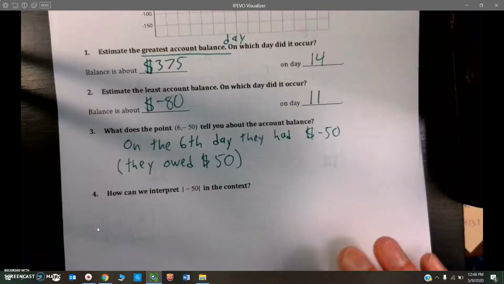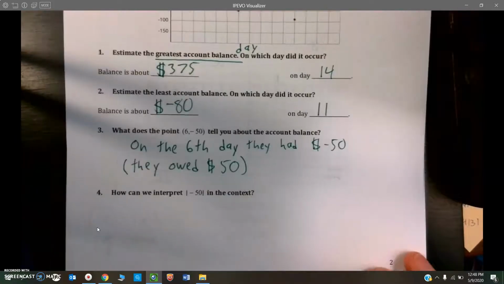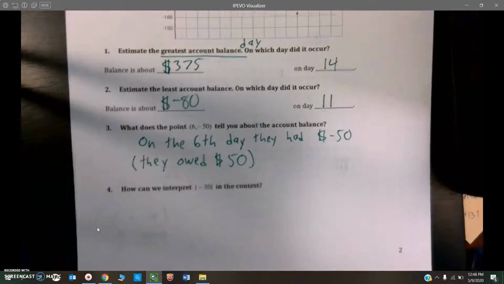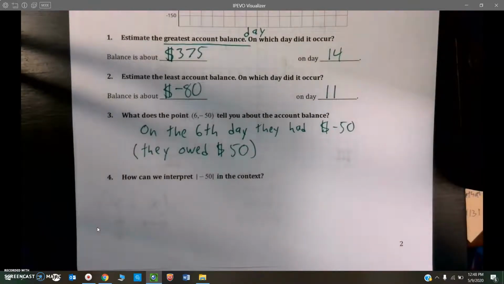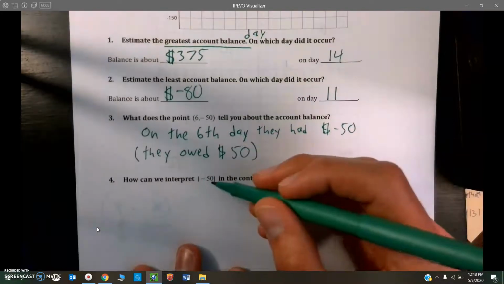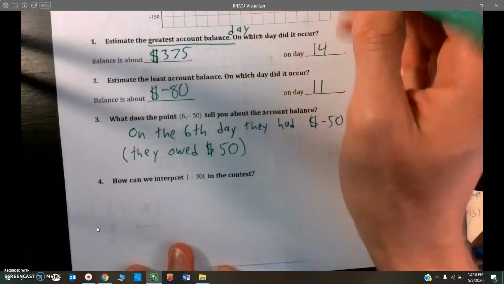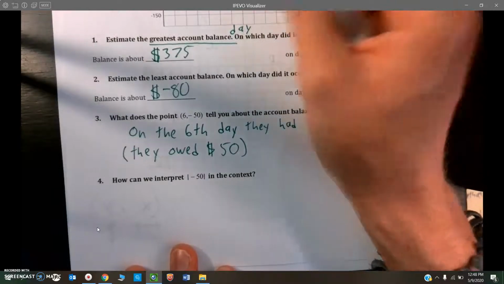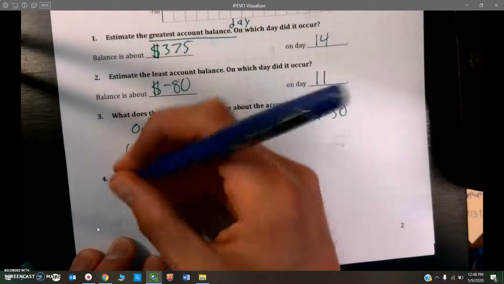All right. And how can we interpret the absolute value of -50 in the context? Once again, absolute value is a number's distance from 0. So we can write that.